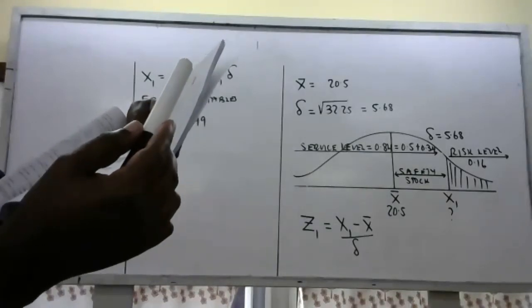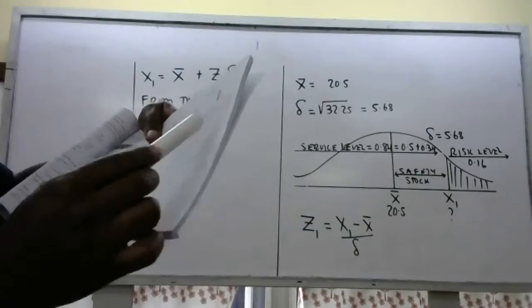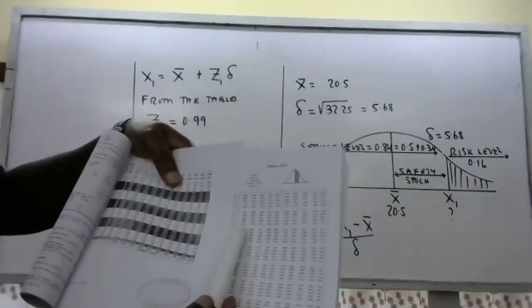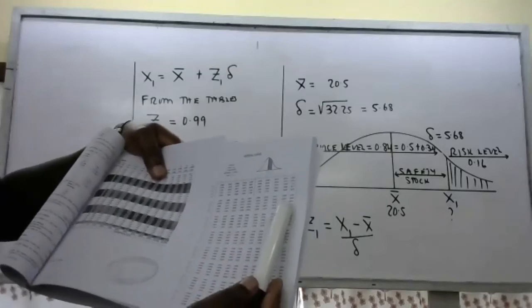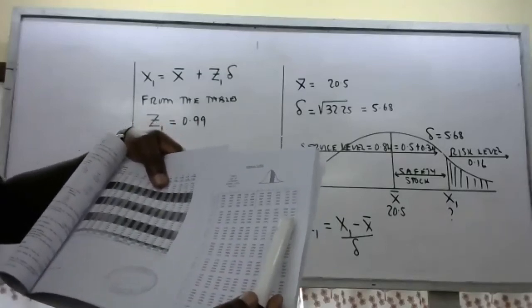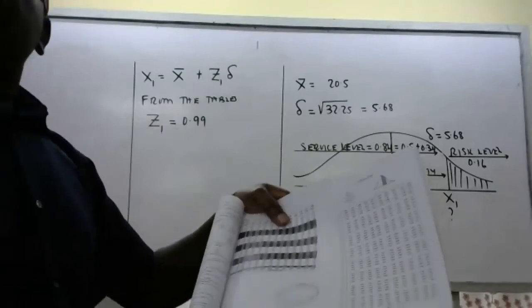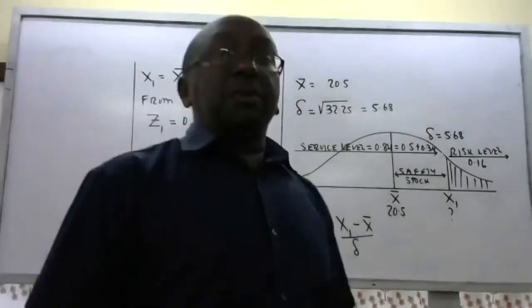The one that I'm finding, you can either take 0.3413, or you take the one that has already been given, 0.3389. So I hope everyone now is comfortable.